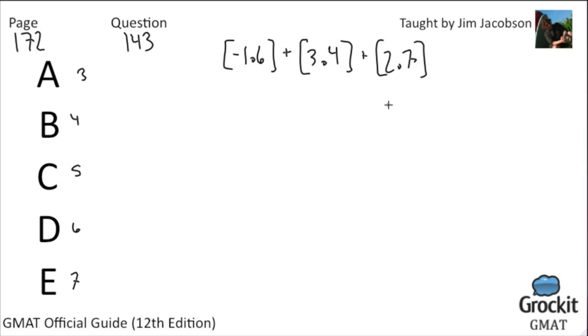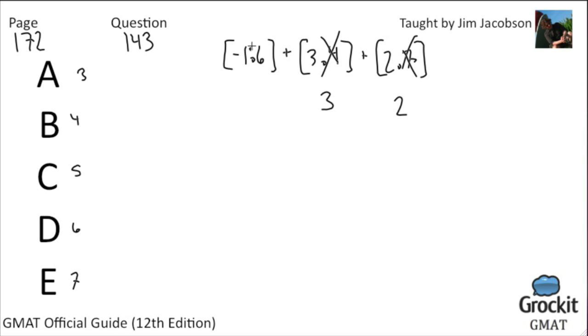So remember, we need the greatest integer less than or equal to x. It's easy with the positive numbers. The greatest integer less than or equal to 2.7 is plain old 2. The greatest integer less than or equal to 3.4 is 3. Because in order to be less than this, we have to just cut off the decimals. The trick, of course, is with this one. The number less than negative 1.6. Less means more negative on the number line.